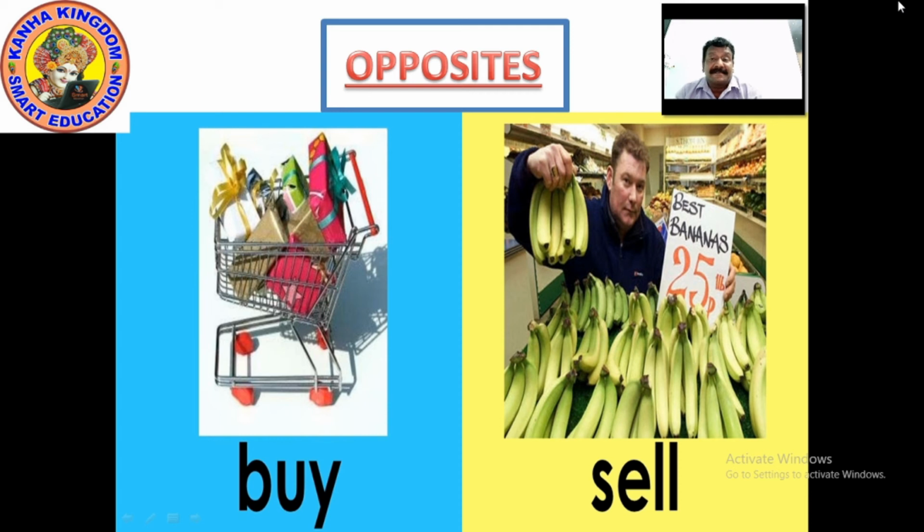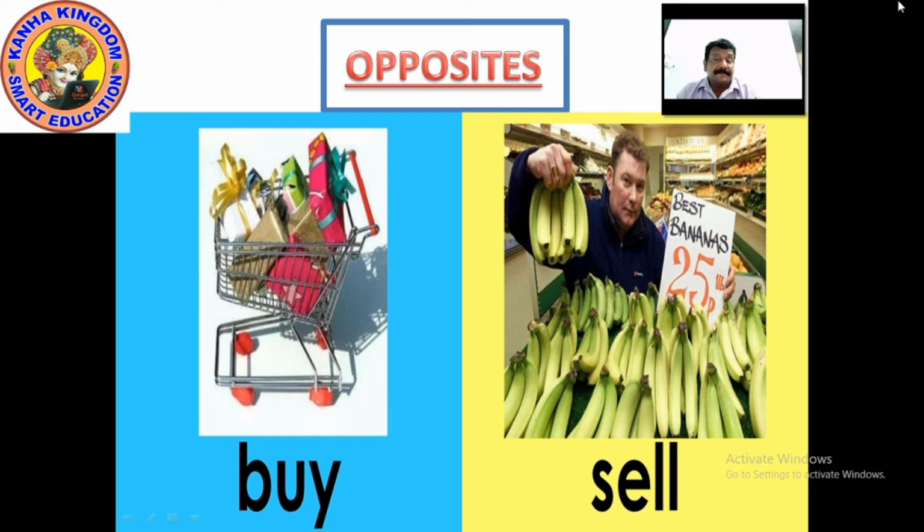Selling means you have seen selling. In the selling part, what is he doing? He is selling bananas. The best bananas for 25 paise. That's what he is telling. 125 paise. So he is selling bananas at his own rate, whatever the rate is. But what he is doing is vending, he is selling it.